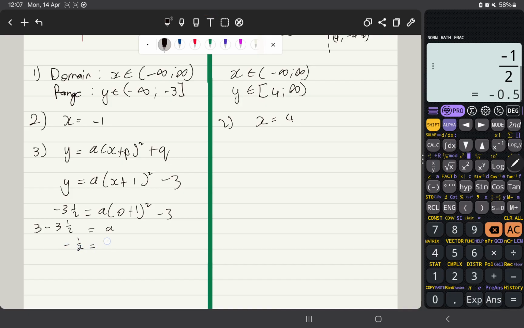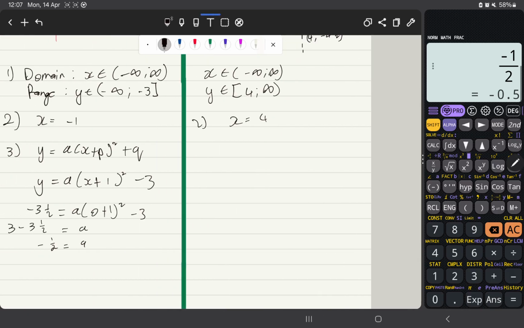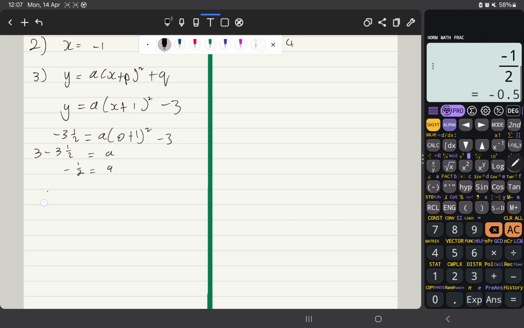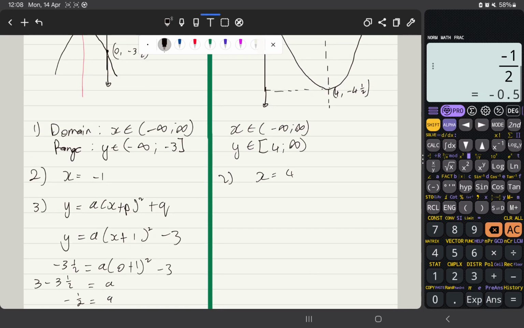There we go. And then we can say therefore y is equal to minus half into x plus 1 squared minus 3. And we are done finding the equation of this one.